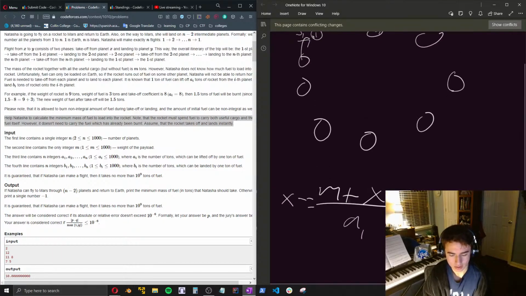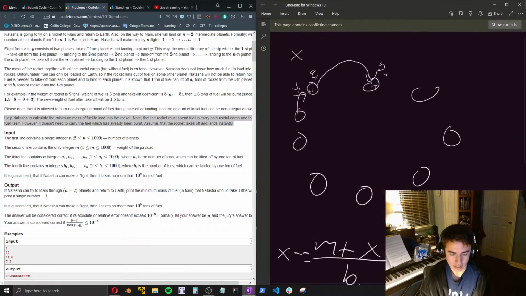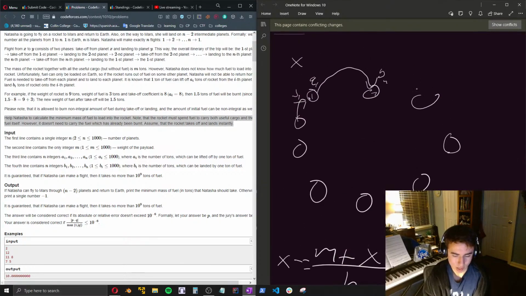So we want X minus (M plus X) over B1 to be equal to 0. And then that will be the value of X right before landing.